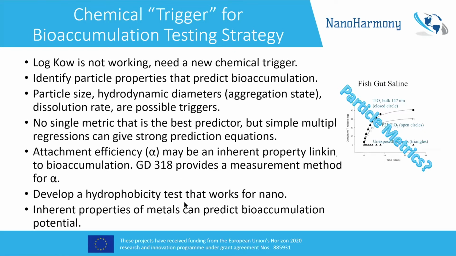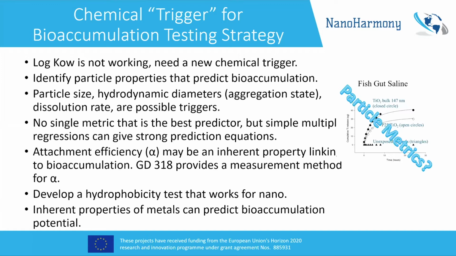The discussion was centered around identifying particle properties that predicted bioaccumulation potential. Some of these discussions were on particle size, hydrodynamic diameters or aggregation state of the materials, dissolution rate and so on as possible triggers.